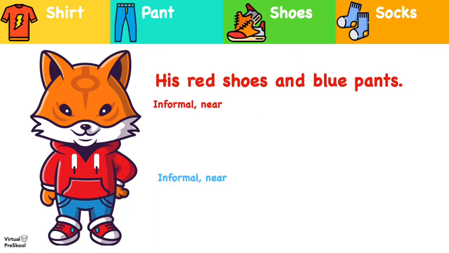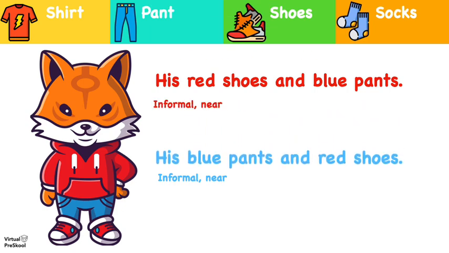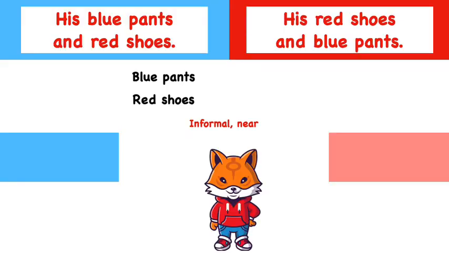What if we swap the order of the nouns from the last example to his red shoes and blue pants instead of his blue pants and red shoes? The question we want to answer is, does changing the order of the nouns change the sentence? You bet it does. Let's take a closer look now. There are two nouns.